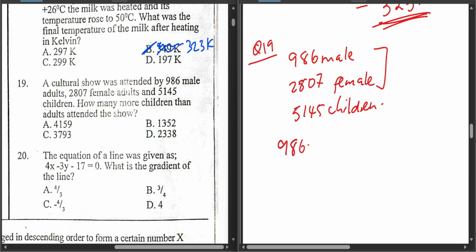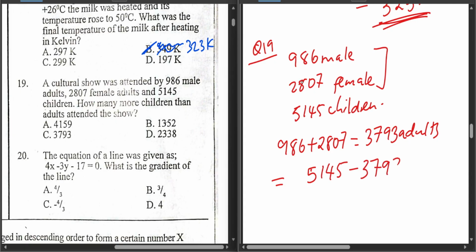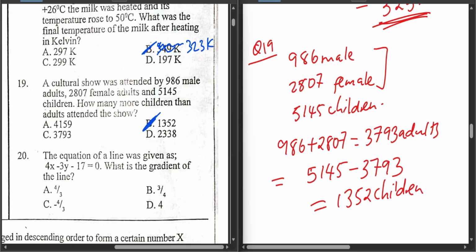So 986 plus 2,807 is going to give you 3,793 adults. And then let's subtract those adults from the children. We take 5,145 minus 3,793 to find out how many more children attended the show. So 5,145 minus 3,793 is going to give us 1,352 more children. So that is your answer.